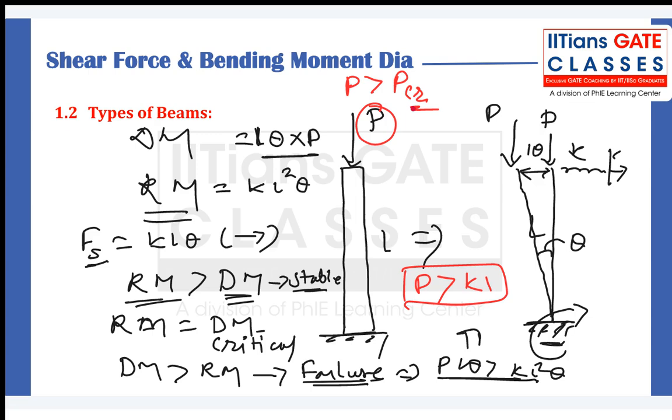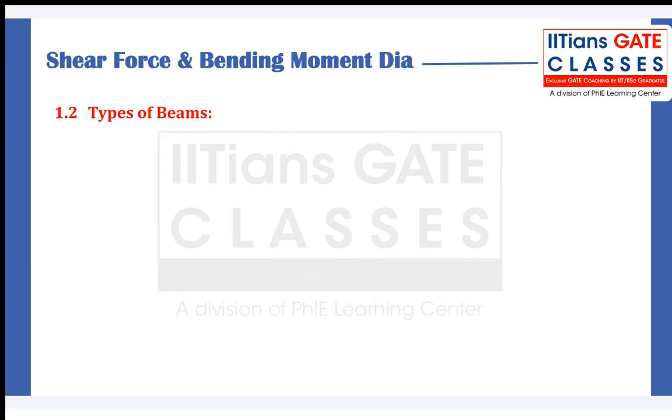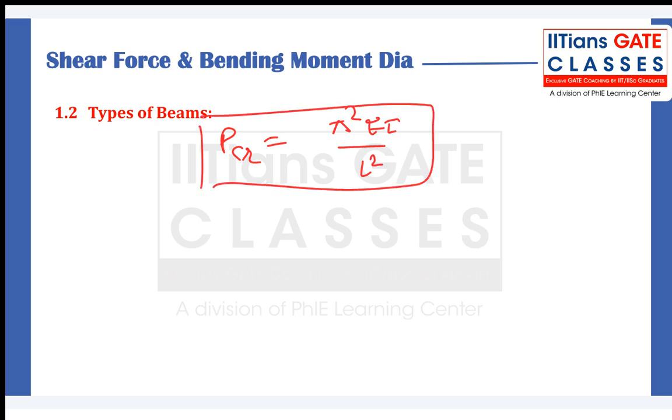What is the P critical for a simple Euler-Bernoulli buckling theory? It is pi square EI by L square, right? So this is P critical for a hinged beam, right? Agree?